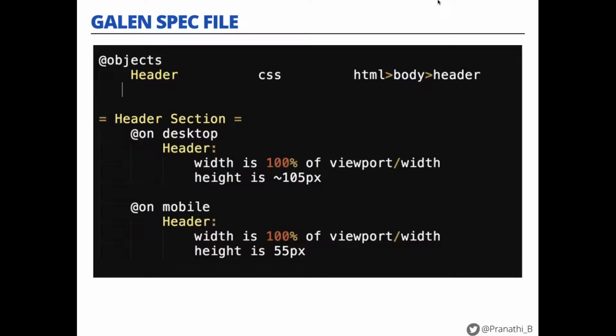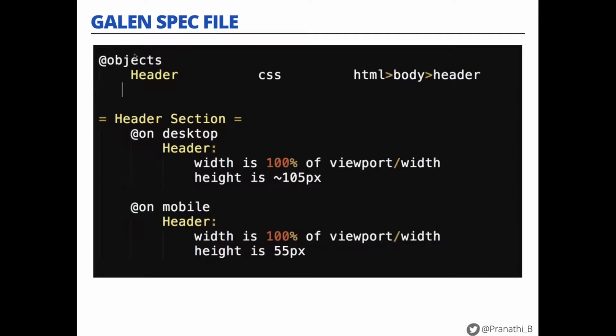Now I'm saying this header on desktop, the width is 100% of viewport, which means it should occupy the 100% width, and the height is approximately 105 pixels. And on mobile, the header is still 100% width, but the height is now just 55 pixels. So it's very easy to read, very easy to write, and very easy to understand.